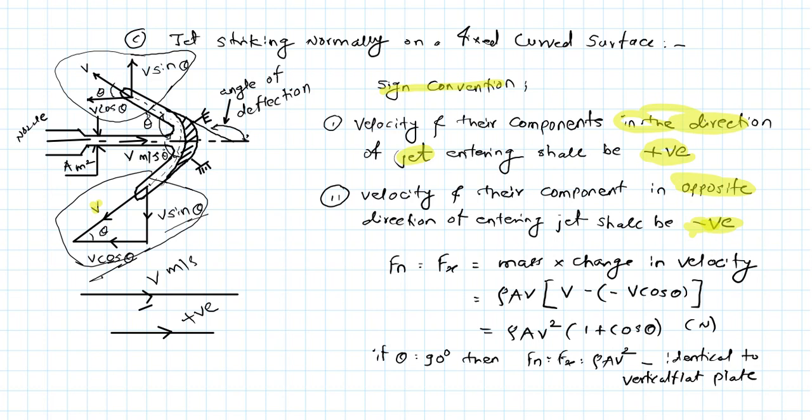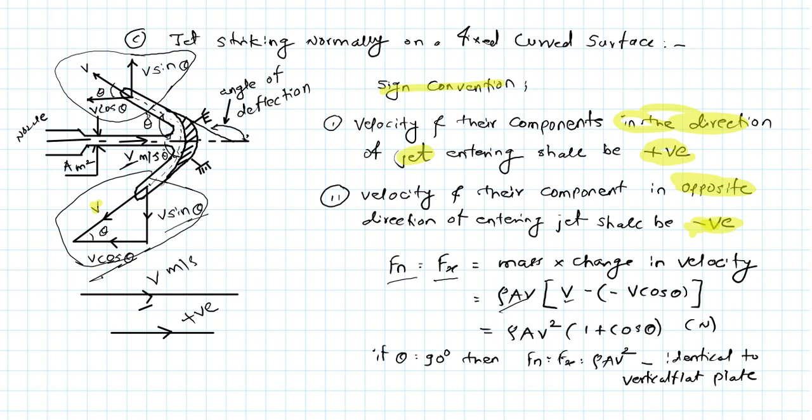Now our aim is to calculate the force exerted in the normal or x direction. So we can say Fn is equal to Fx, because here force in x and force in normal direction are the same. Again, mass into change in velocity. Initially mass is rho a v, initial velocity minus final velocity. Initial velocity means the velocity of the jet before striking, so it is v, minus the final velocity, the velocity of the jet after striking.